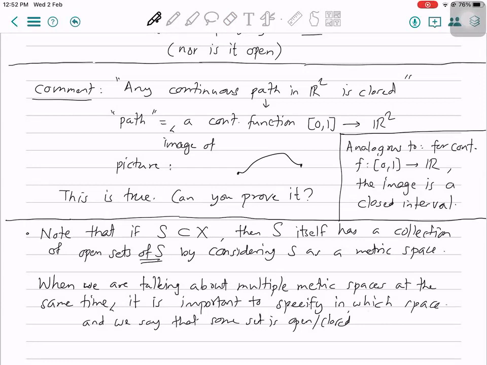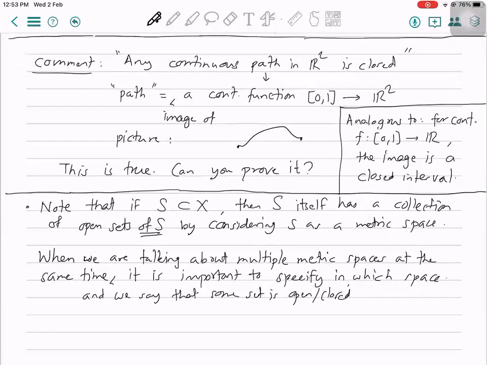I hope that this point is clear. All right.